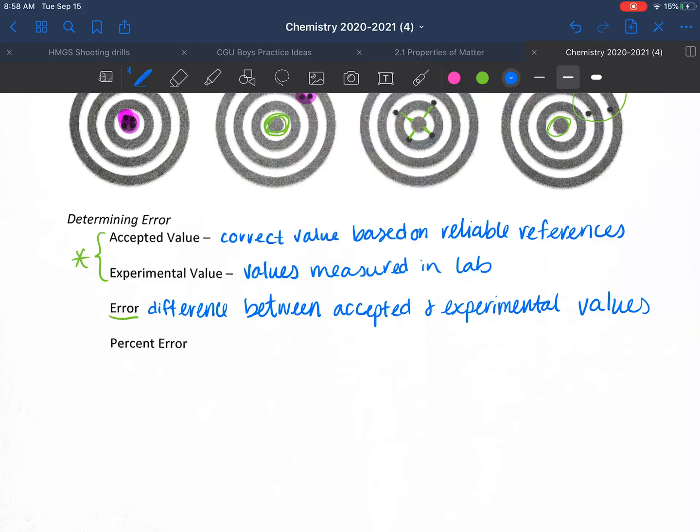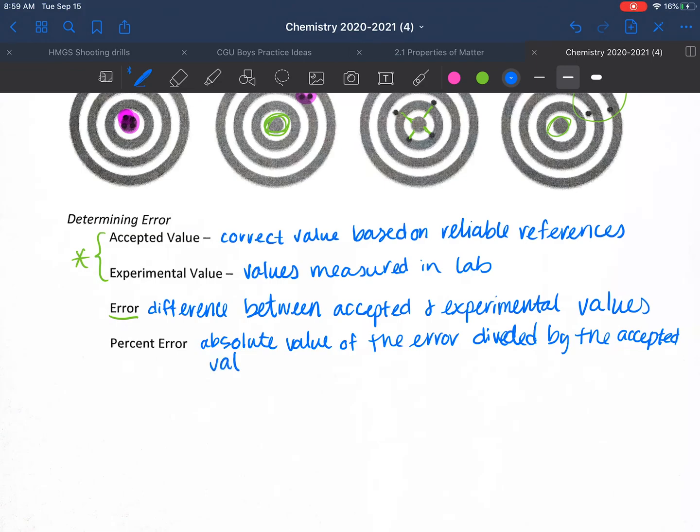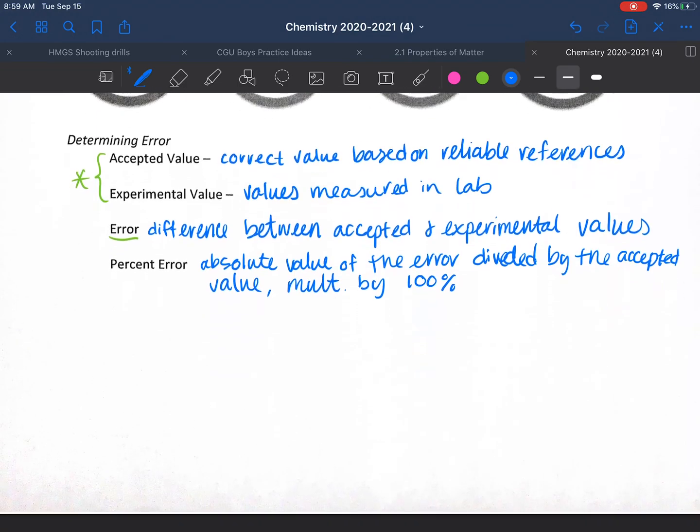So our percent error is the absolute value of the error divided by the accepted multiplied by 100%. So we have a formula for this.